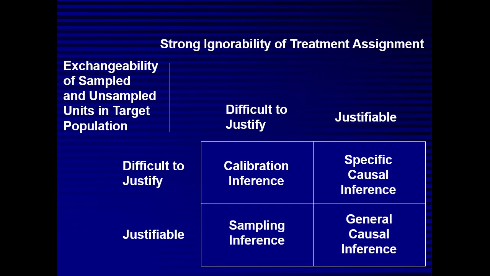Here's a little diagram to put this together. In the rows, we're looking at, can we justify the exchangeability of sampled and unsampled units in the target population? That is, can you take units in your sample and randomly exchange them with those in the target population and basically have the same kind of representative sample?